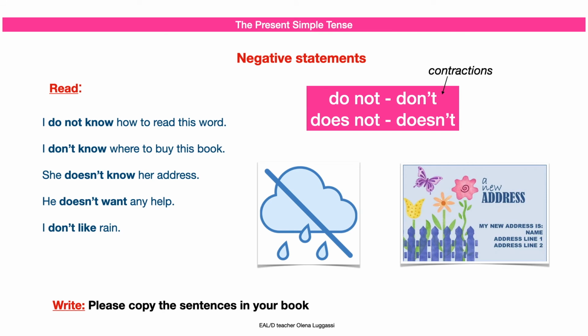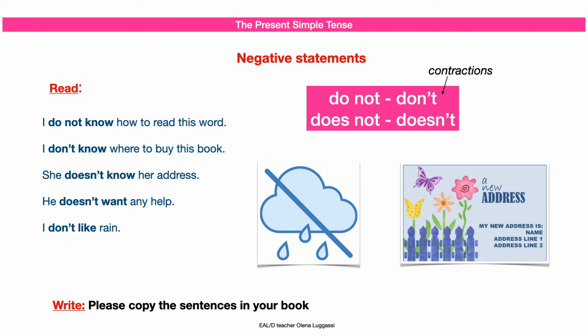To say that we do not want something or we do not like something, we are using the helping words do not and does not in the present simple tense, or the contraction, the shorter versions, don't, doesn't. Let's read the sentences together.